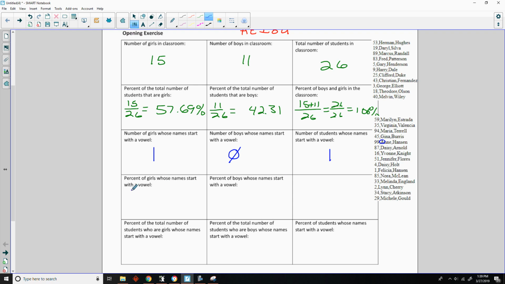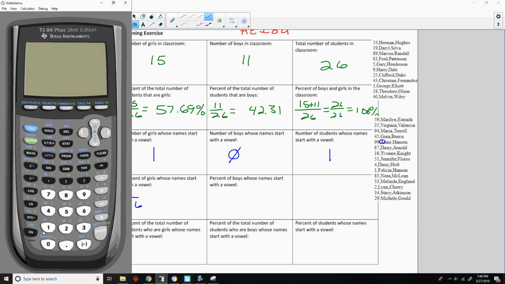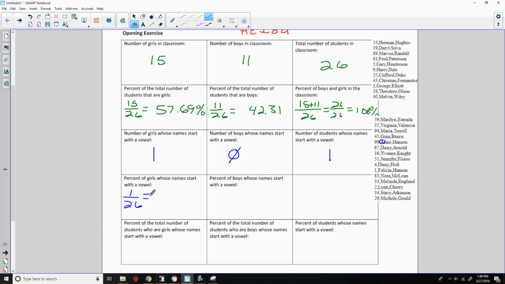Percent of girls whose names start with a vowel, 1 over 26. Then I go here and I go 1 divided by 26 equals 0.0384. So that is about 4%.